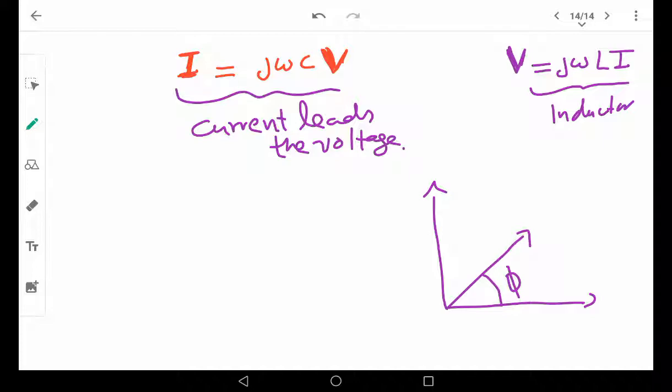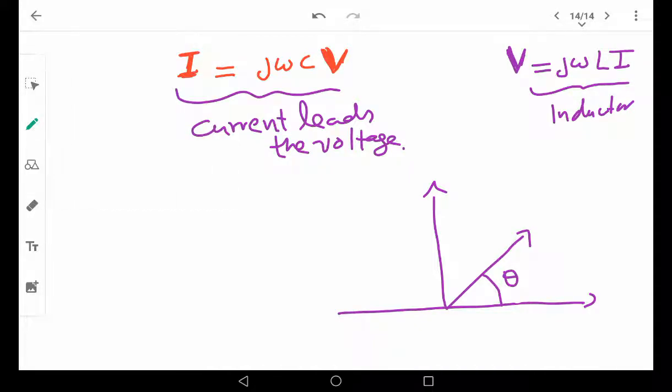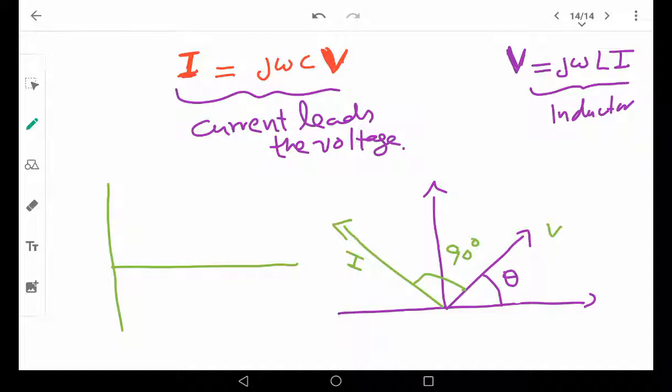So you can draw the phasor diagram like this for the capacitance. Suppose this is the voltage. Now we can have a current. This is the current, this is the voltage, and this angle is 90 degree. Current leads the voltage, and you can draw the waveform like this.